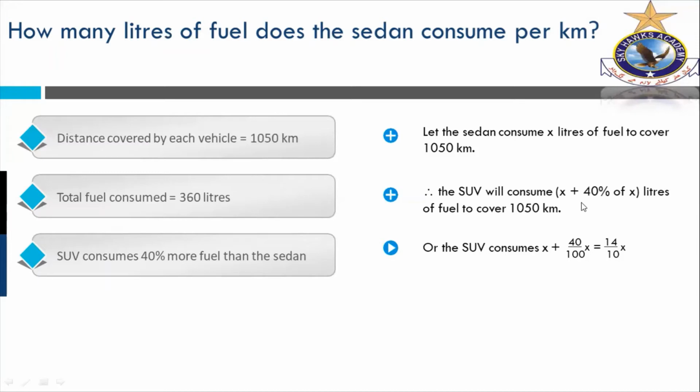What we have done here: x is the consumption by the sedan, and next is 40% of that, which is 40 over 100 times that value, and after simplification we reach this step. It's very simple. I'm sure you have got how we are reaching here. It's simple mathematics, and we will use this later when we solve the equation.